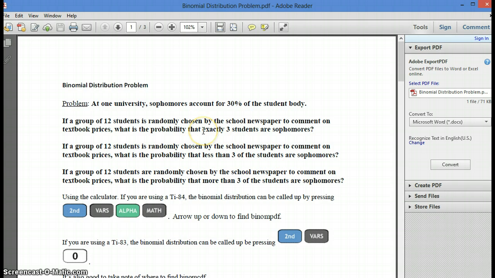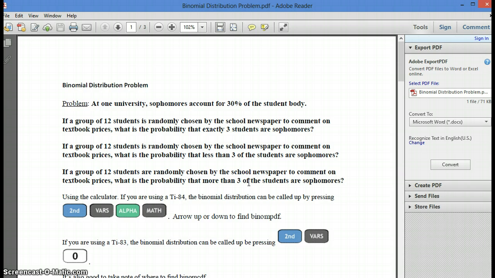So there's a probability of exactly 3 versus the probability of less than 3. We're going to take a look at these little differences here. And in the third problem we have, what is the probability that more than 3 of the students are sophomores?